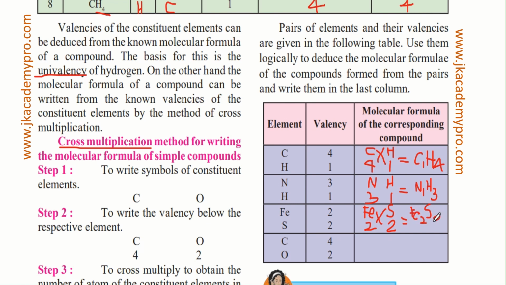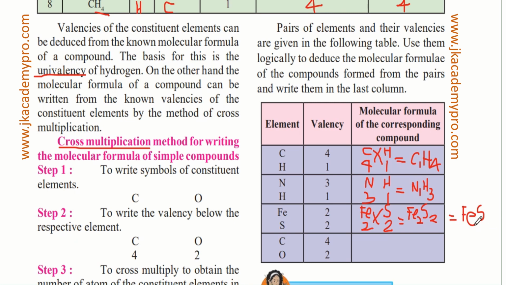But now we still have to divide this to get the smallest possible whole number. So we can divide each of them by 2. After dividing, we would get FeS. And this is the molecular formula for ferrous sulfide.